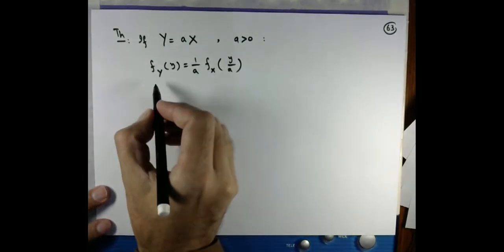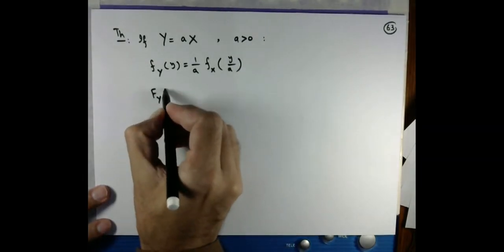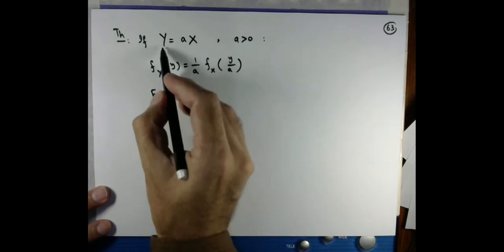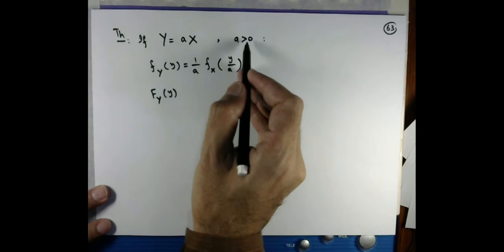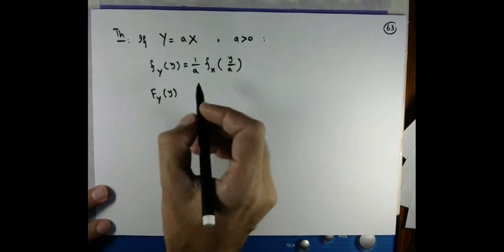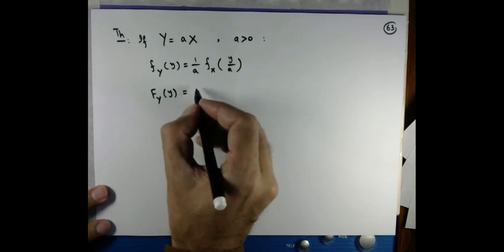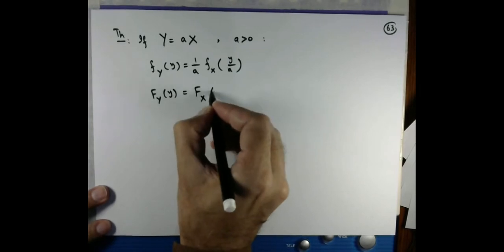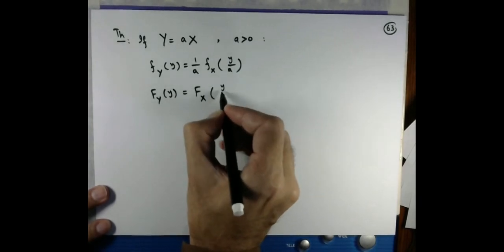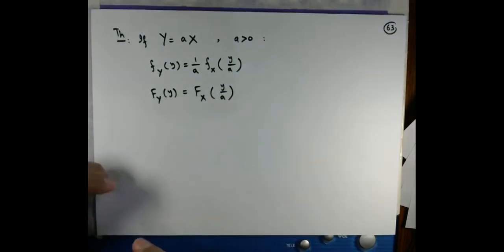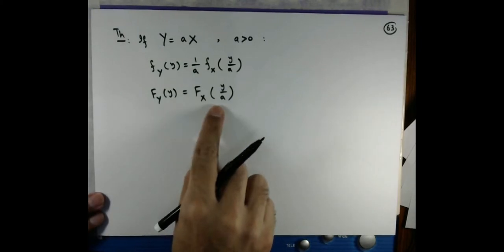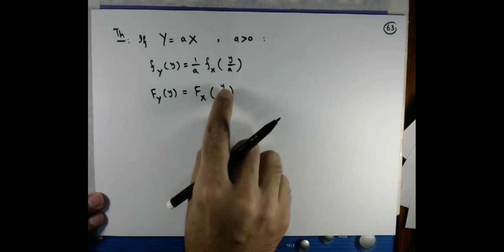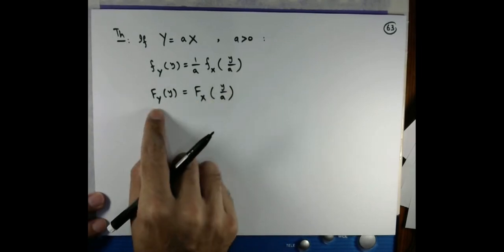And secondly, the CDF of this derived random variable obtained by scaling the parent random variable, given that a is greater than 0, is simply the CDF of x at y over a. So you replace in the expression of the CDF of x, you replace x with y over a, and you obtain the CDF of y.